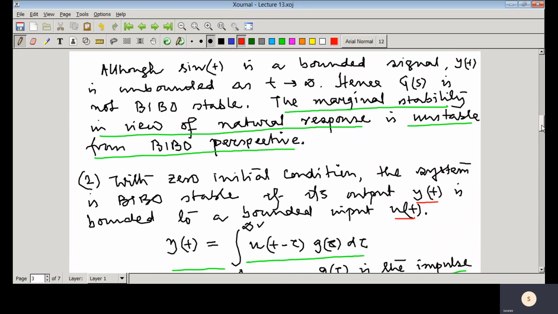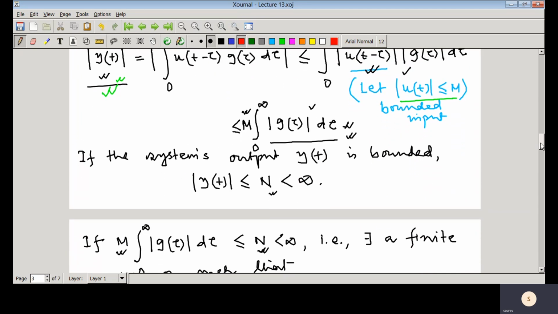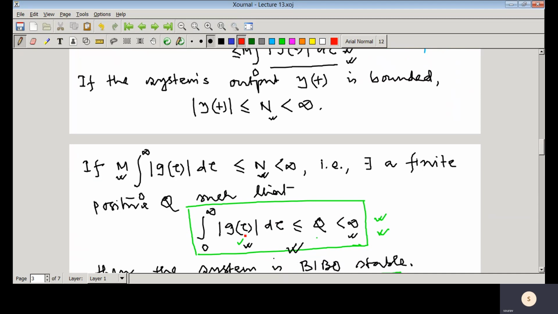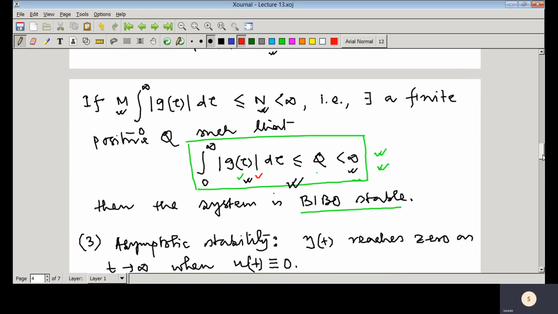And we found the condition for BIBO stability: whenever the impulse response g(t) of the LTI system is given, if you take the integration of its absolute value from 0 to infinity, it should be finite.